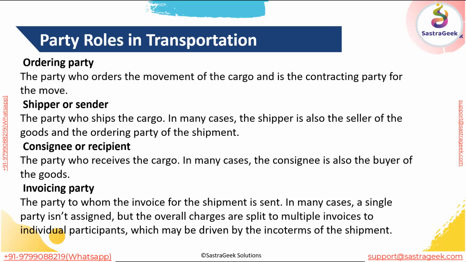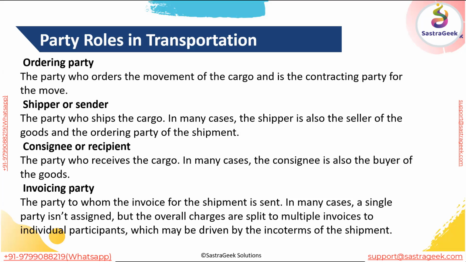Ordering party and shipper can be the same or can be different. In the case of huge corporations, these differ. The ordering party may be the head office, and the shipper might be the local office of that head office. So the ordering party and shipper party can be one role, or can be different parties altogether.